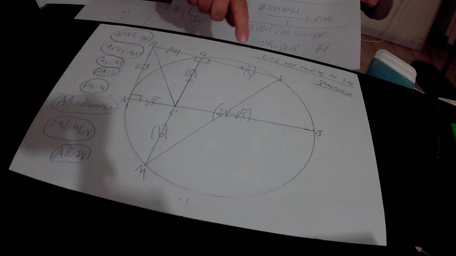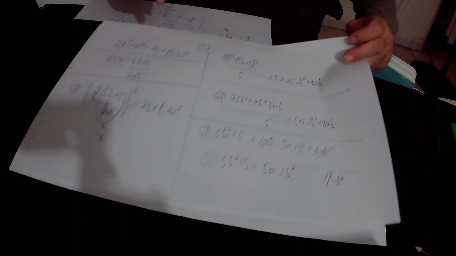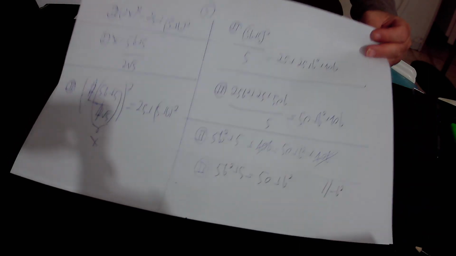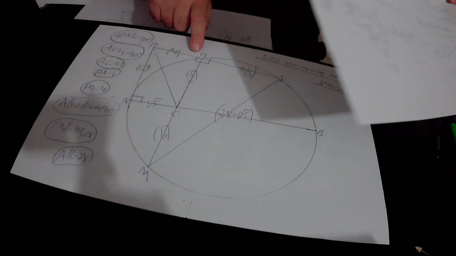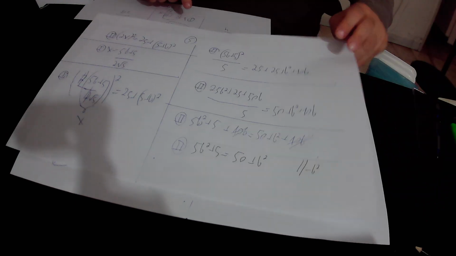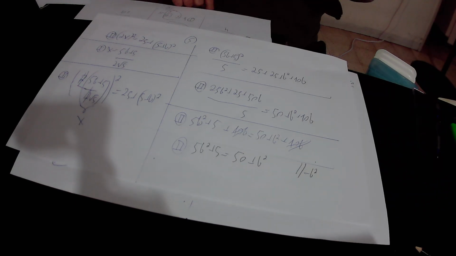QS is 5, therefore QS squared is 25. Plus QM squared. QM is 5 plus b, therefore QM squared is (5 plus b) squared. So in total, we found out that according to equation number 2, (2x) squared equals 25 plus (5 plus b) squared. This is according to equation number 2.